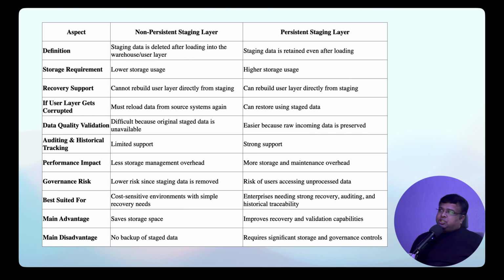A persistent staging layer requires significantly more storage space, especially when you are dealing with millions or even billions of records. And there is also a governance concern. If users or developers accidentally gain access to staging tables, they might start using unprocessed or partially transformed data instead of the properly curated data from the user access layer.